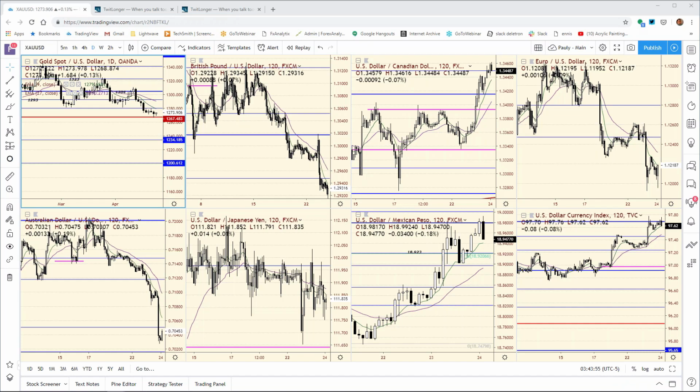The Aussie's pretty oversold to start with. So we'll go right there at 59.54. We'll go with that for the resistance, 59.54.